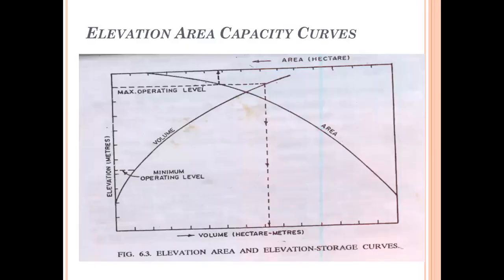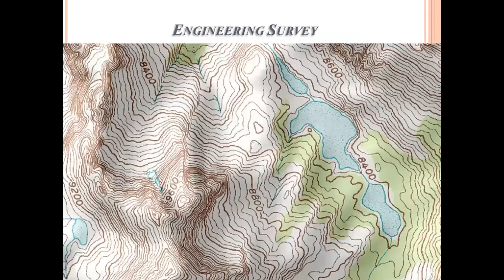So this is the elevation storage curve. Volume is taken on the x-axis and elevation is taken on the y-axis. So this curve represents volume and this is area. Depending on these elevation storage curves, we fix the capacity.